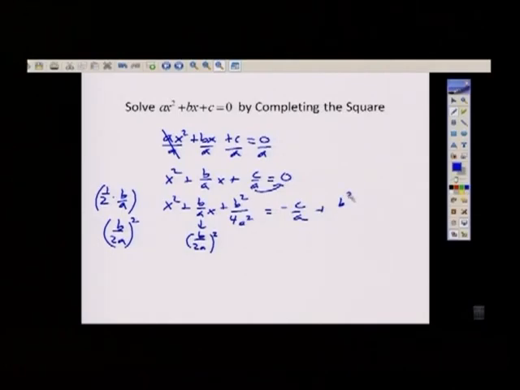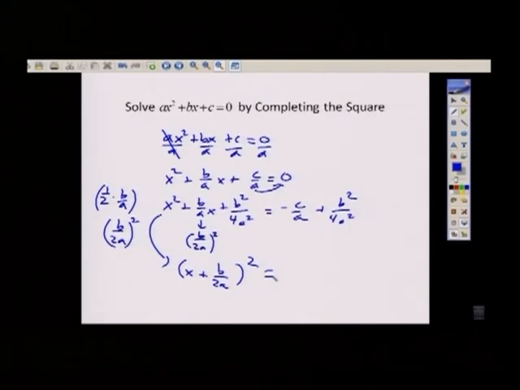But don't forget, you have to add that to both sides. Then if I factor this, it's the variable, which is x, and the half number. And the half number was b over 2a.